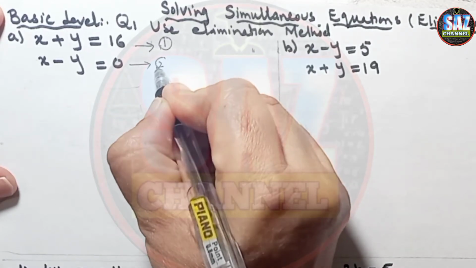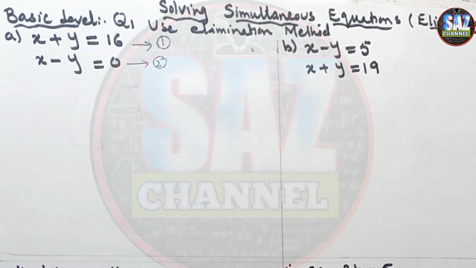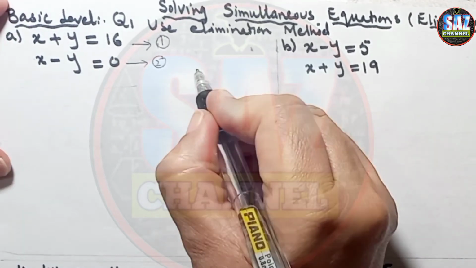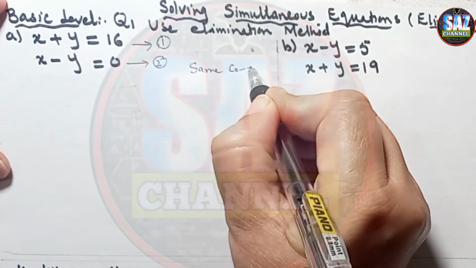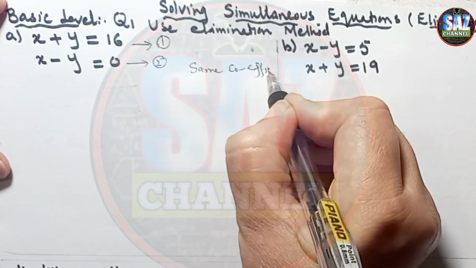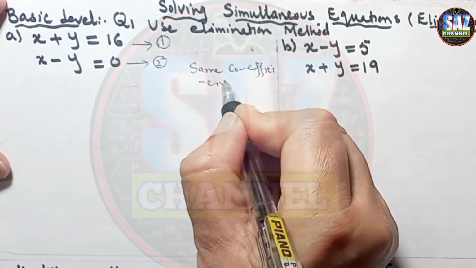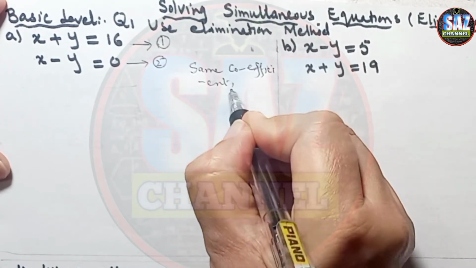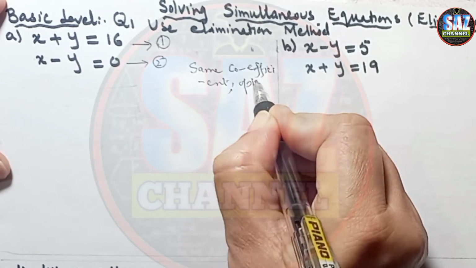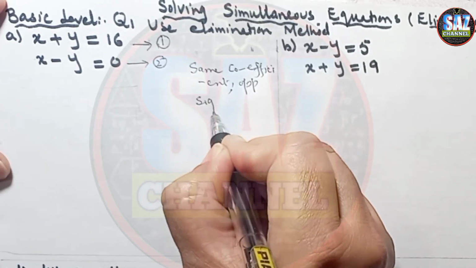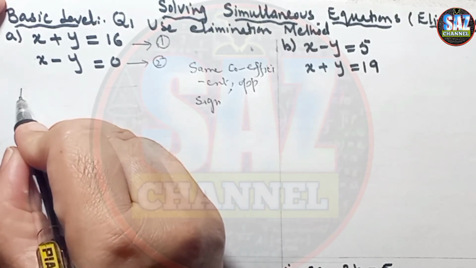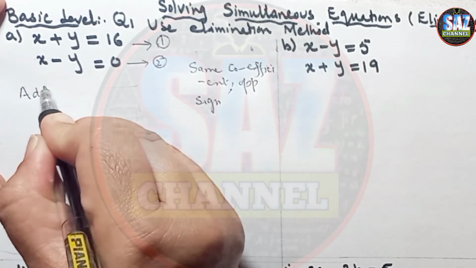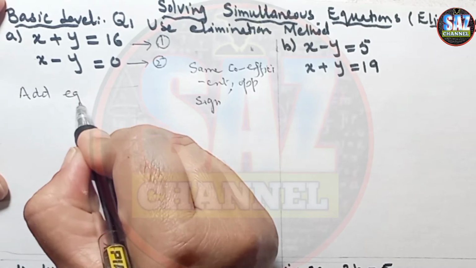Same coefficient, opposite sign. What we have to do is add up both the equations. Add equation 1 and 2.